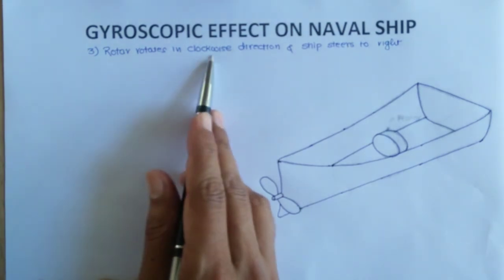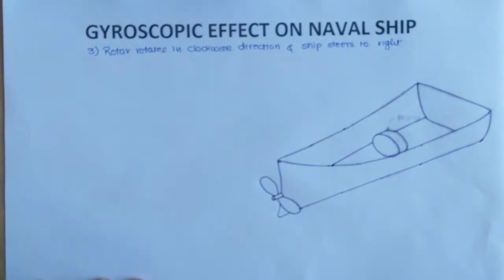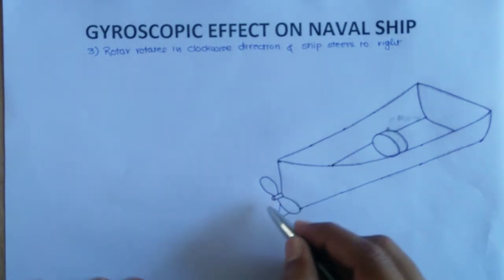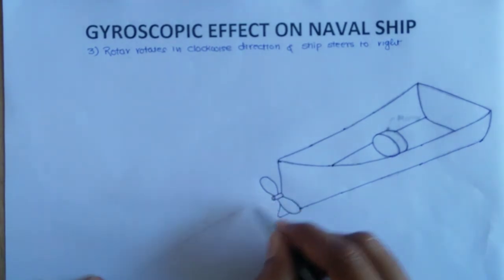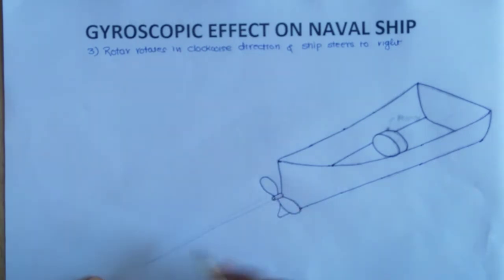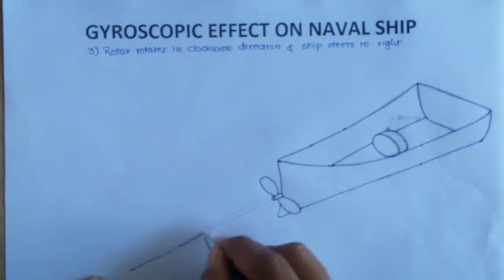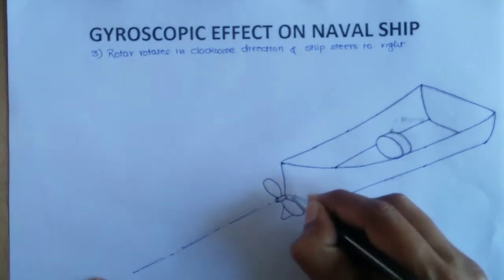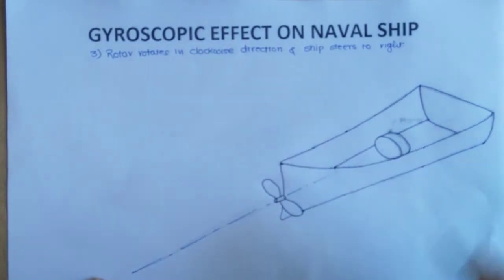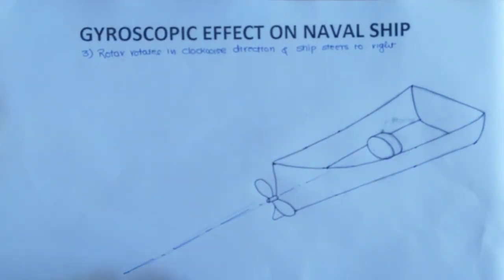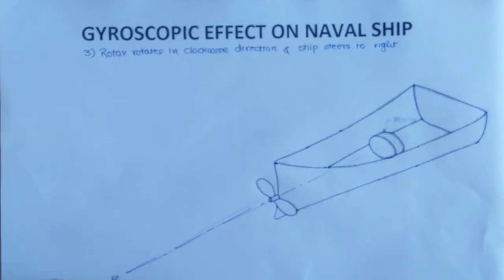rotor rotates in clockwise direction and ship steers to the right. So first of all, this is the axis of rotor, and this is the direction of viewing.